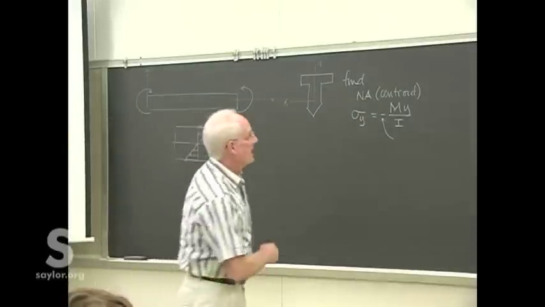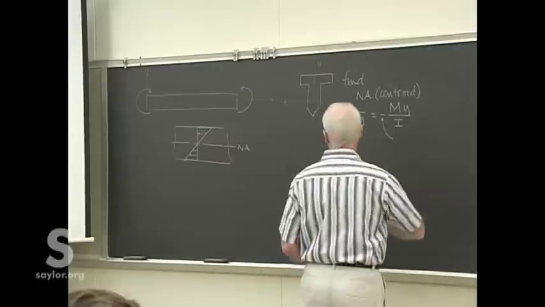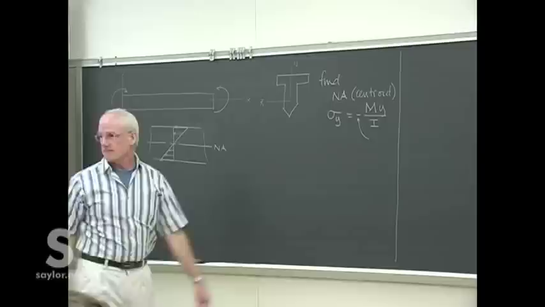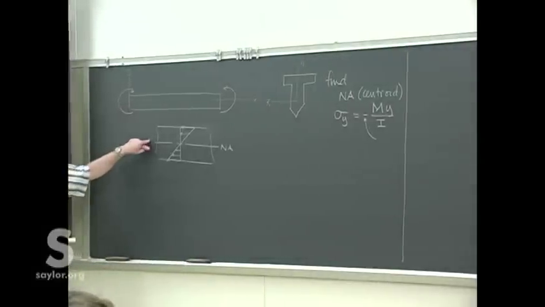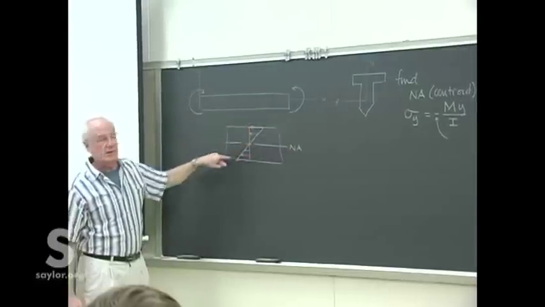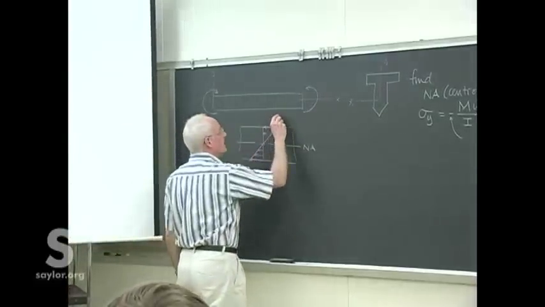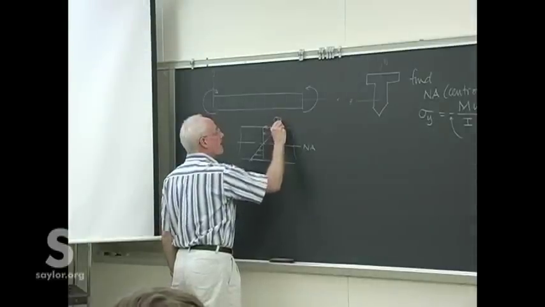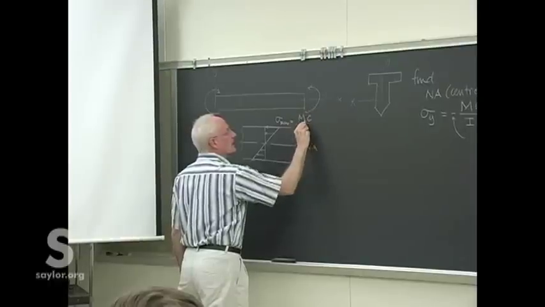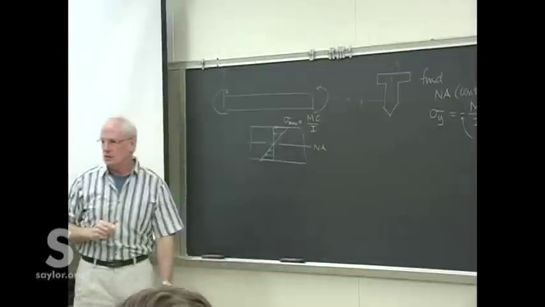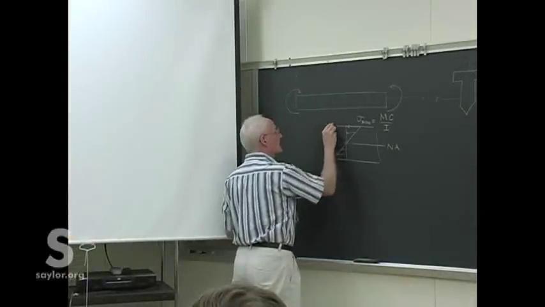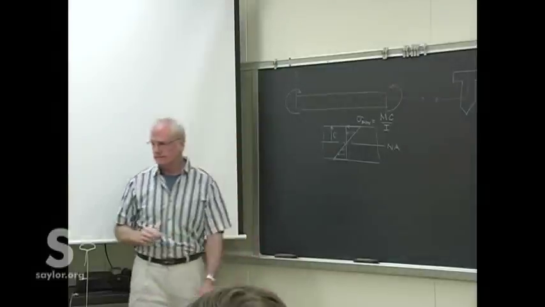So let's do a quick reminder of how we find this centroidal axis, because that's where our stresses are zero, and then we know they're linear in between, and that they're maximum where we're at the maximum distance from that neutral axis. And that was the symbol that we gave the letter c.